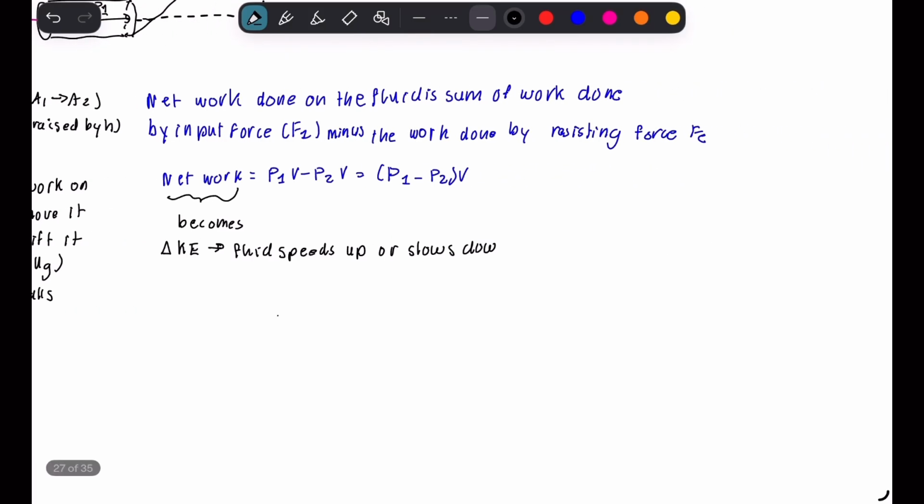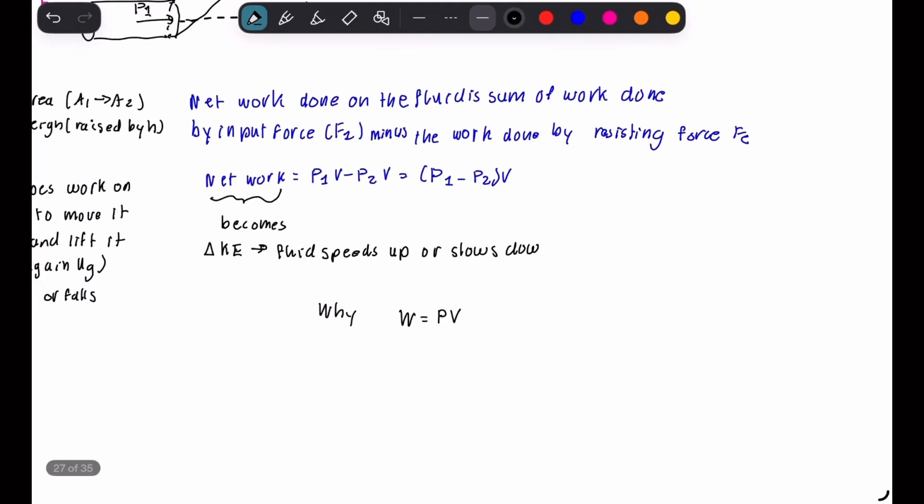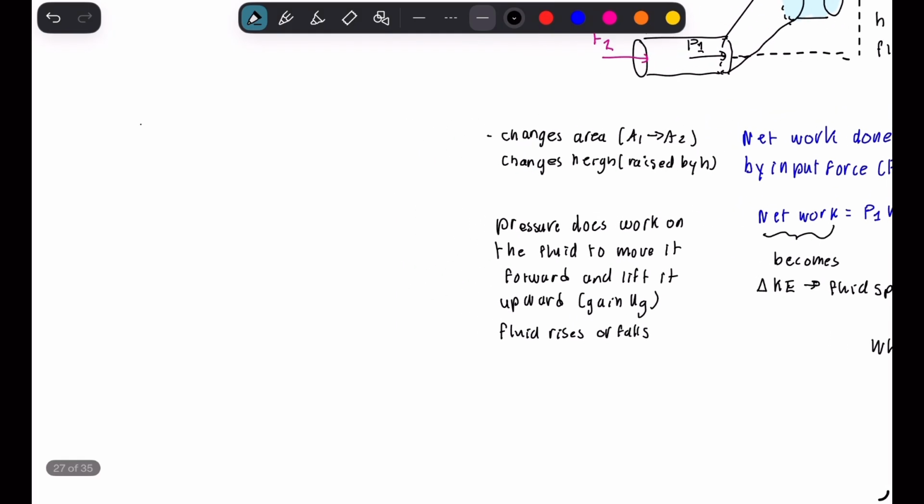So this is why work is equal to P times V. When you have high pressure, this means the fluid has more energy to push.